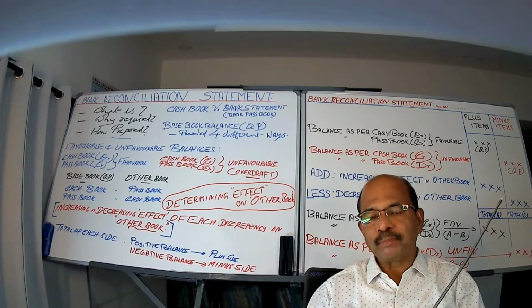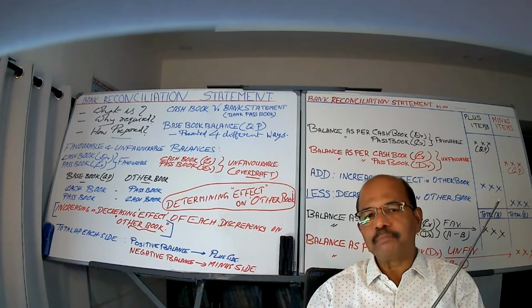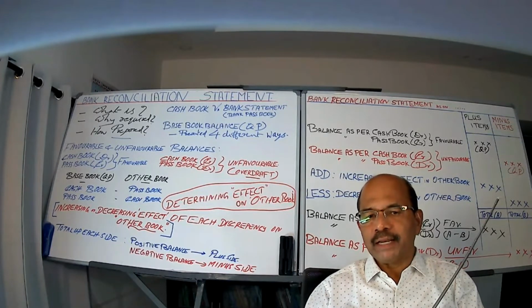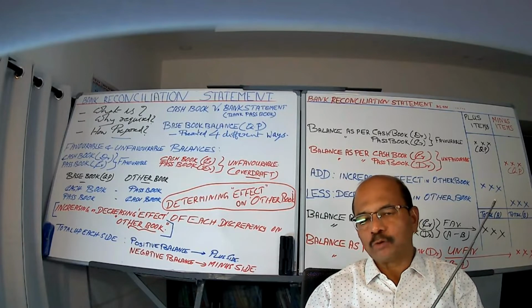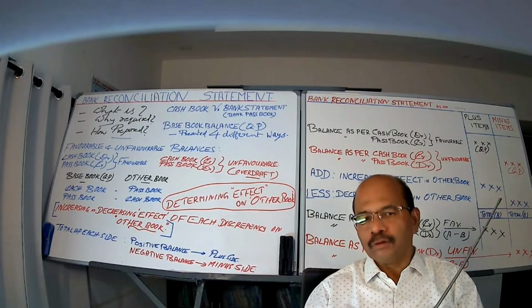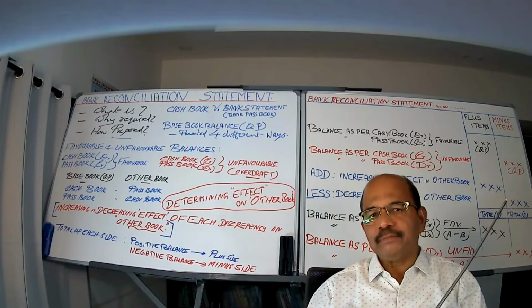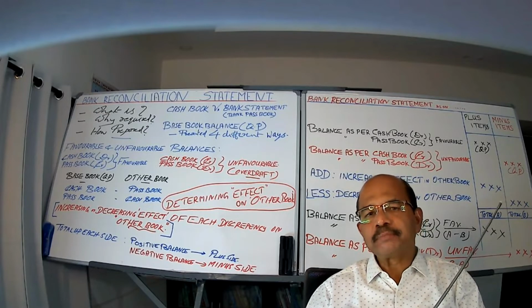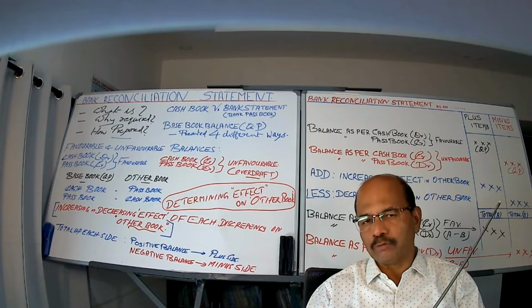Why I said favorable balance means the question may give the base book balance as unfavorable, but while determining the other book, always take it for granted that the other book has a favorable balance throughout the sum. Okay. Now, after this discrepancy, see whether the balance in the other book has gone up or gone down.